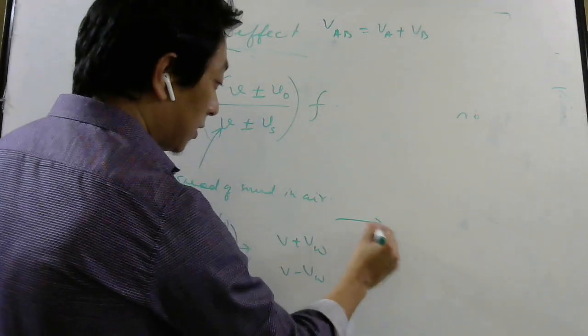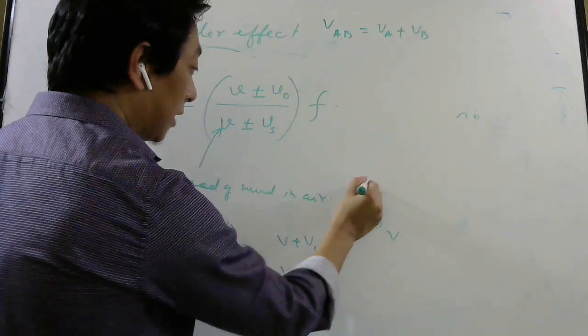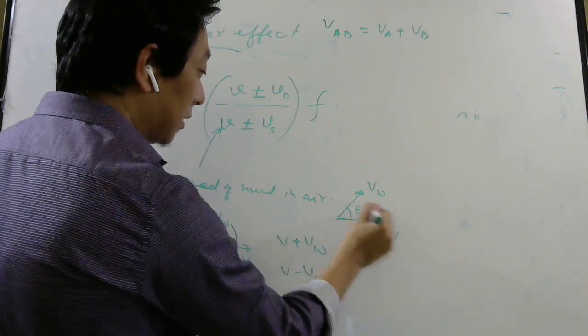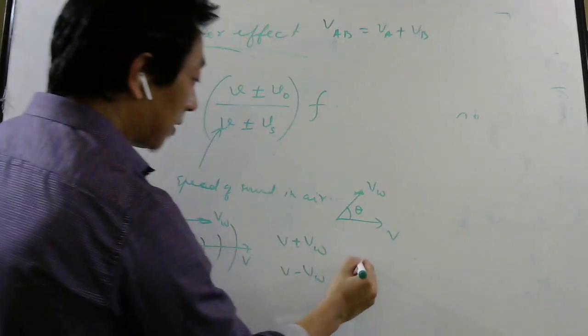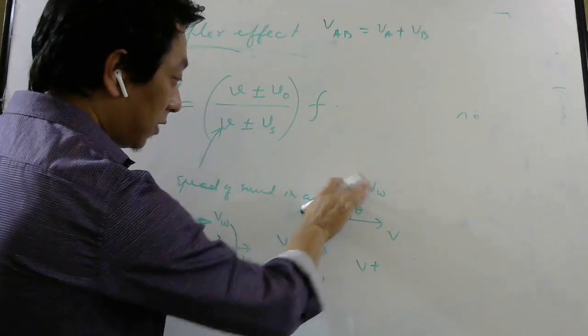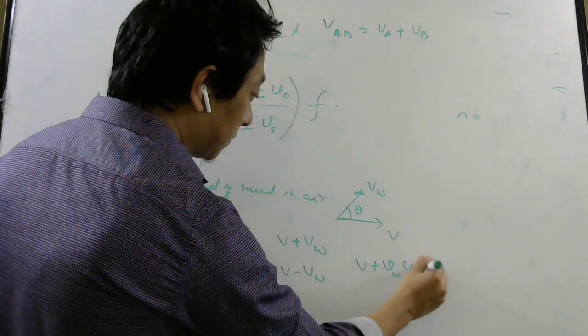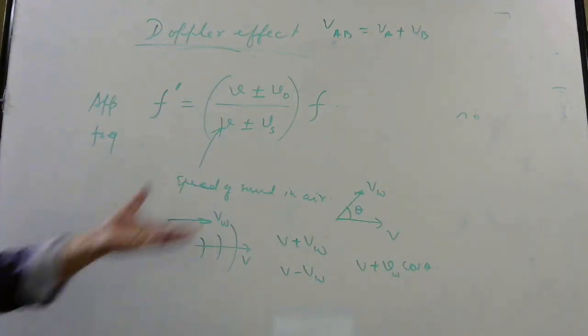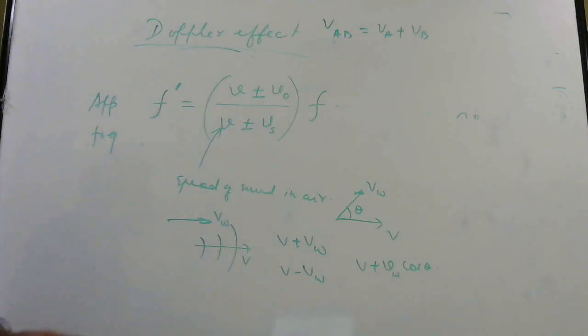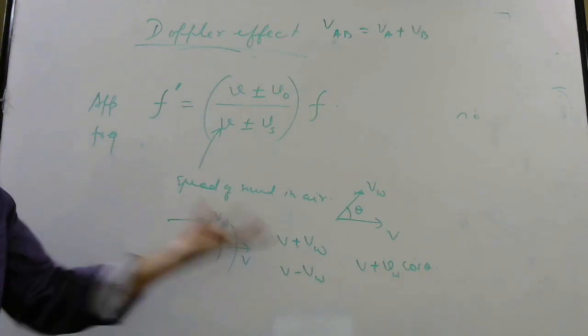And if wind is blowing at some angle theta, then you have to replace this V by V plus the component of this Vw in the direction of V, so Vw cos theta. Okay, so usually these changes they don't do in CET and NEET exams, but if they do, you know how to tackle it, right?